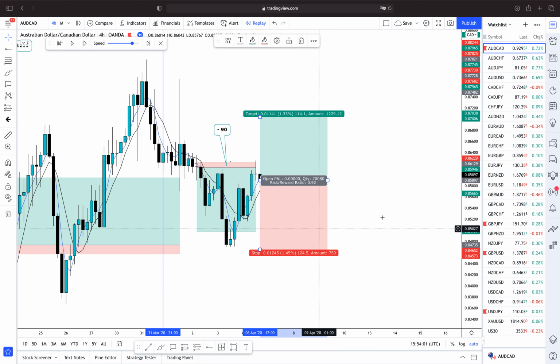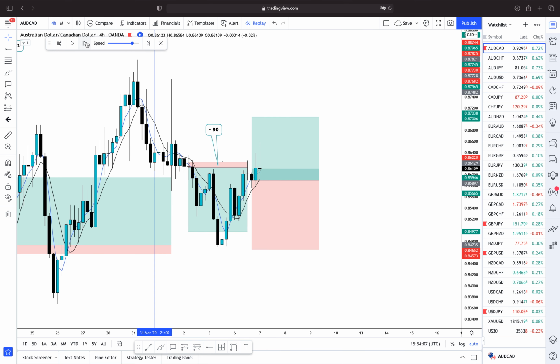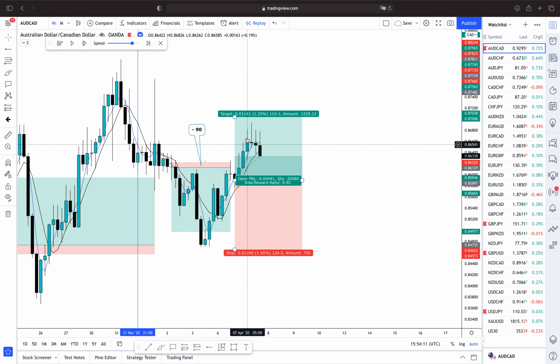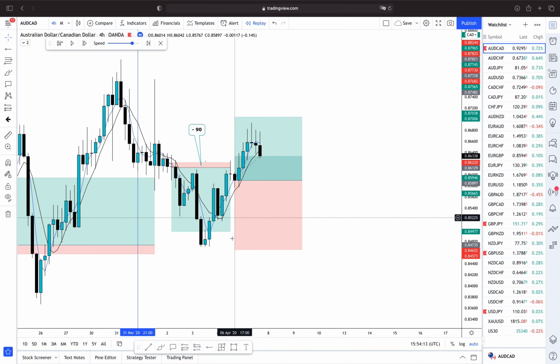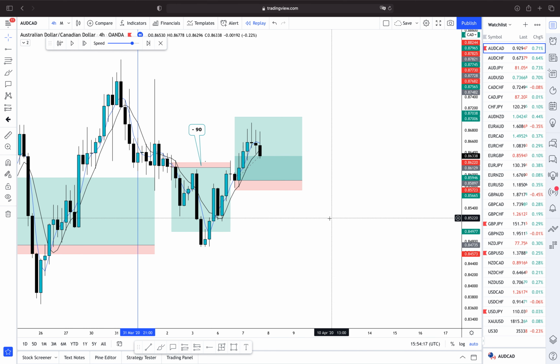Here my stops are huge, but my lot sizes will be very small. Let's see. This was a low. I've already broken this low, so I'll immediately move my stop losses here. So this is one main thing which I do. I immediately move my stop losses.